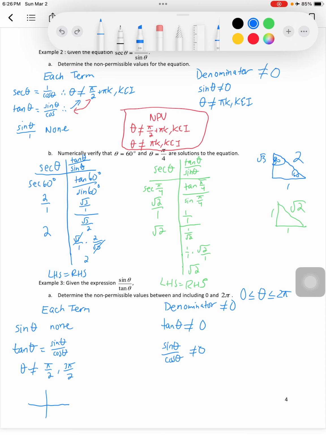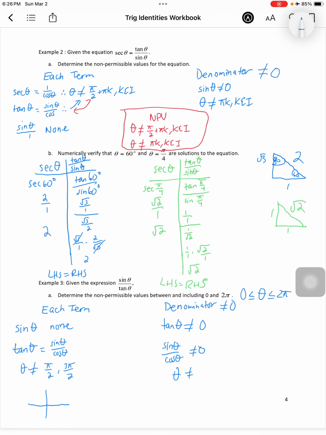And I know it's a little confusing, but an easier way to remember this, and a little tip you should remember, is if your denominator is tan theta, it cannot equal 0 wherever sine theta is equal to 0. So here, sine theta is equal to 0 at 0, pi, and 2 pi.